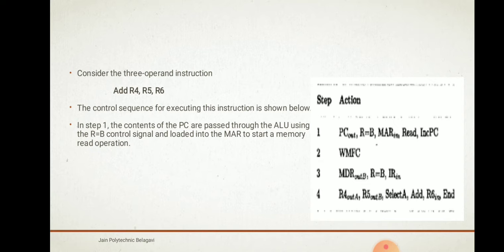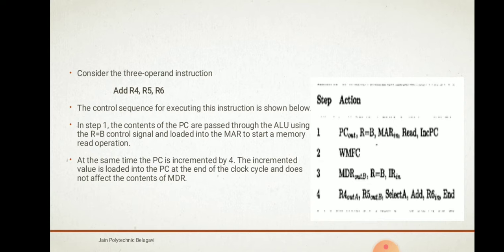That is, MAR will contain the address of the instruction that is to be executed. Also we request a read operation at the same time. Instead of going to the next step, the incrementing of the PC will be done at the same time during the read operation. The incremented value is loaded into the PC at the end of the clock cycle and does not affect the contents of MDR.